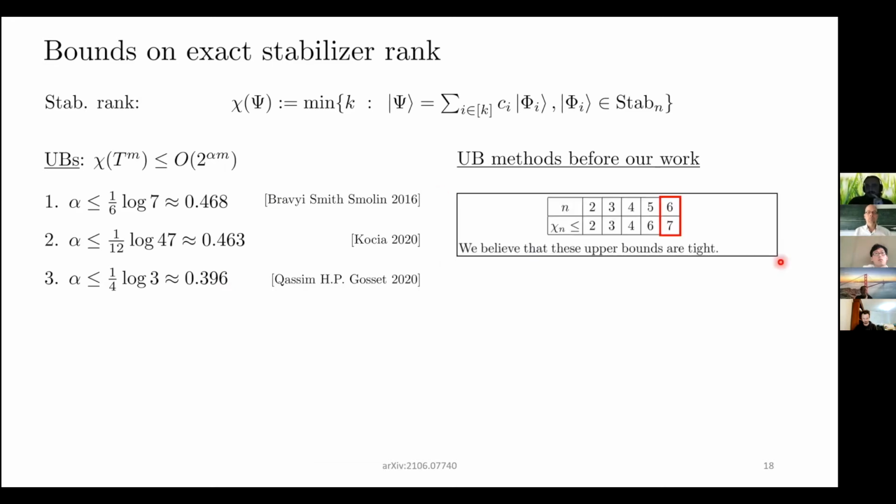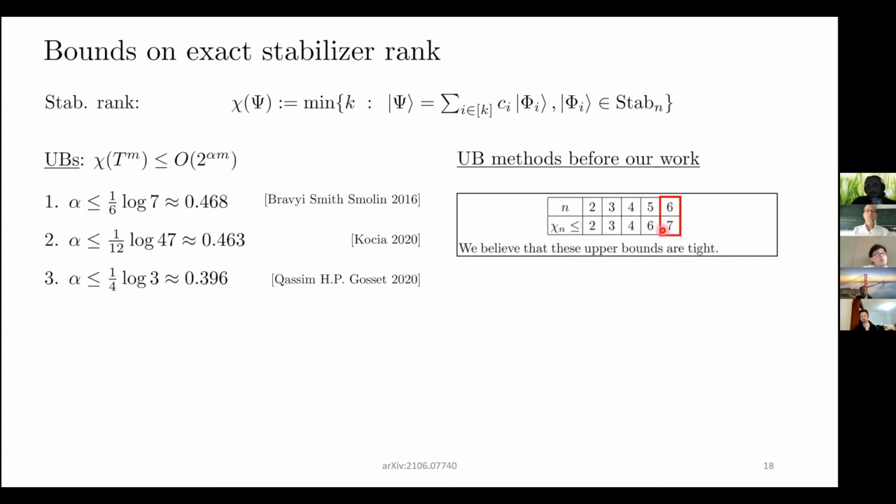This is a screenshot of the Bravyi-Smith-Smolin paper, where they showed, so here n is our m, the number of copies of the T state, an upper bound for the stabilizer rank for each of these numbers of copies. They comment that they believe this is tight, and in fact we'll show that it's actually not tight in this case, so we get an improvement here.